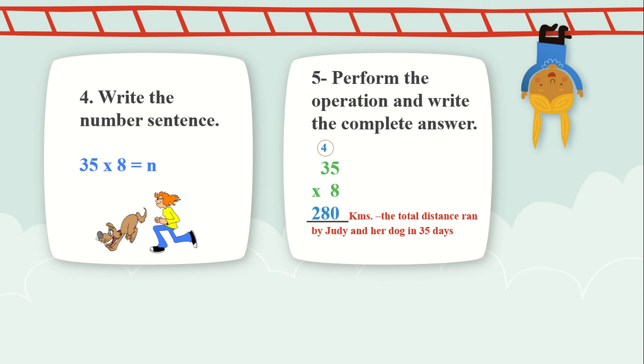So we put a 4 above the tens and a 0 under the ones. Now 8 times 3 is 24, plus 4 is 28, so the answer is 280 kilometers, which is the total distance run by Judy and her dog in 35 days.